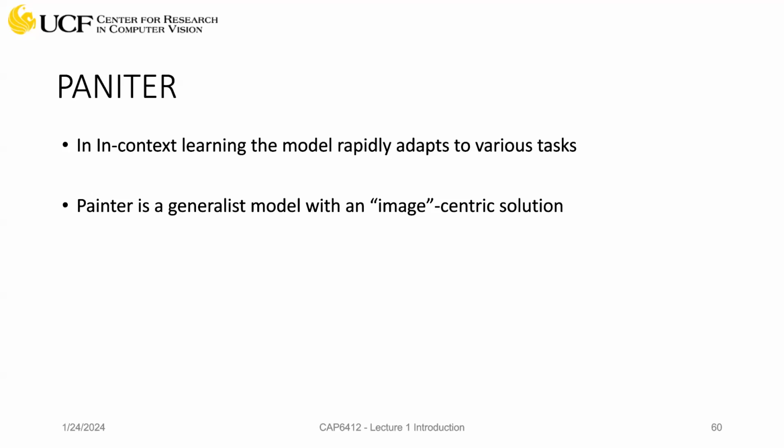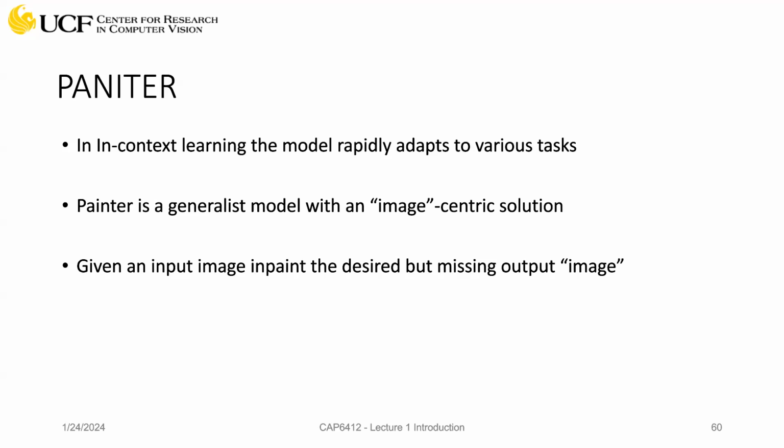Now it is a generalist model, and it's image-centric. Everything you want to solve is based on images. Input is the image, output is the image. Okay. So basically you are given an input image, and you want to paint the desired missing output image. Okay. That's why it's called Painter, paint.